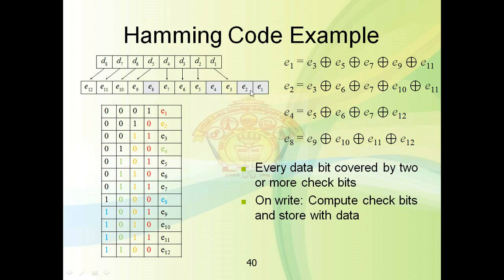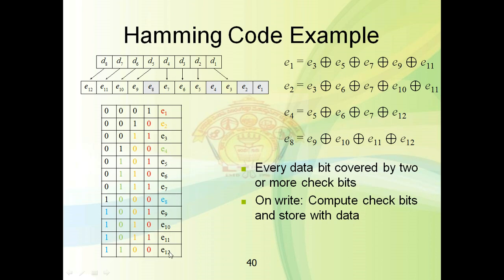So to calculate E1, let us say E1 is nothing but 0 0 0 1, E2 is equal to 0 0 1 0, E3 is equal to 0 0 1 1. So likewise we can proceed from E1, E2, E3, E4 up to E12.